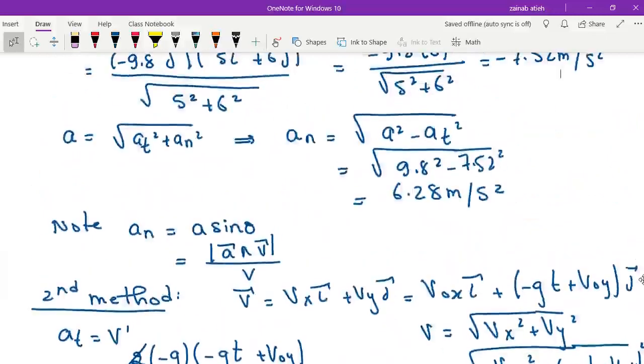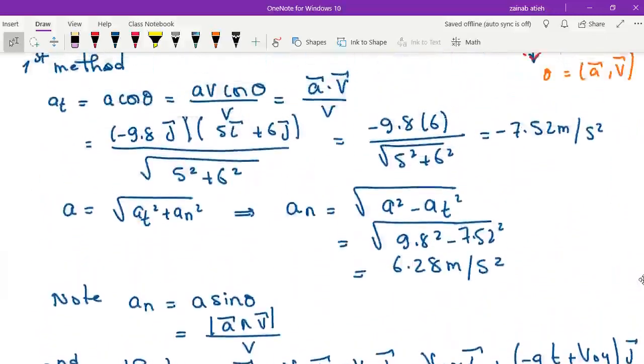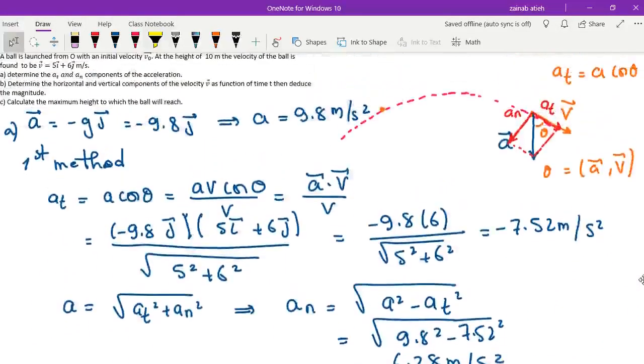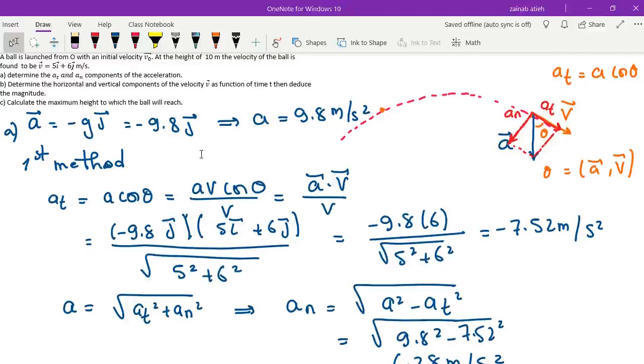The second part of the problem was I have to find the horizontal and the vertical components of the velocity V as function of time, then deduce the magnitude. I have to find V as function of time. Okay, here in this part B we have already found V in terms of time, but I will change it.